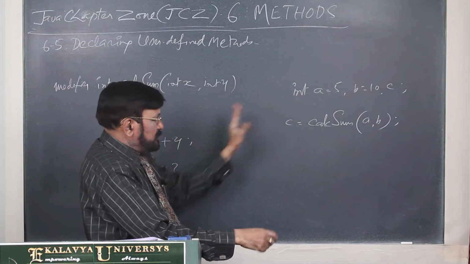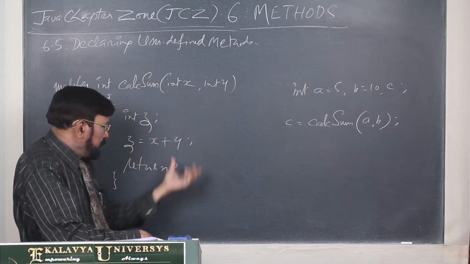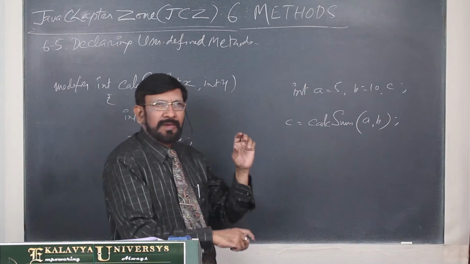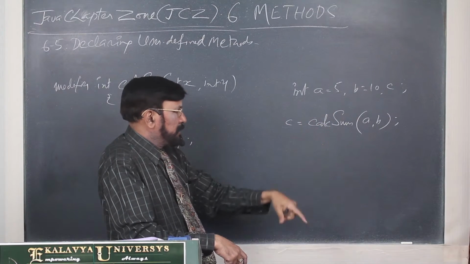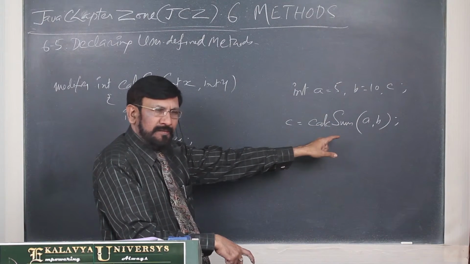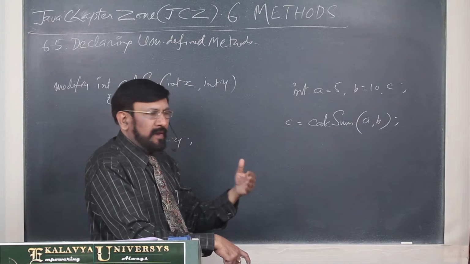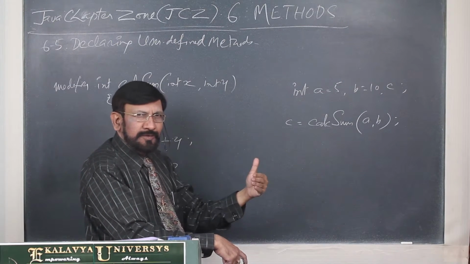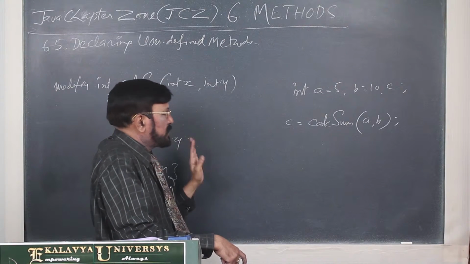You understand this? This is like a machine and this is like a switch. A method comes into operation when you switch it on. So through a method call, we can activate a method, it is executed, and then it returns results.